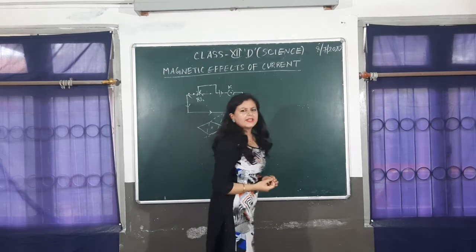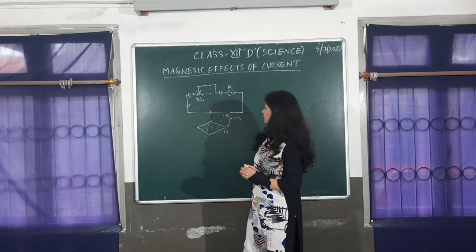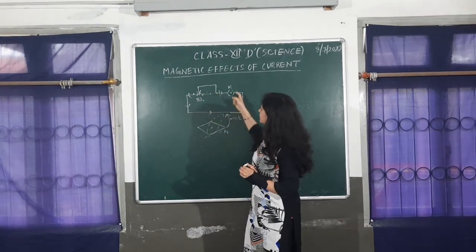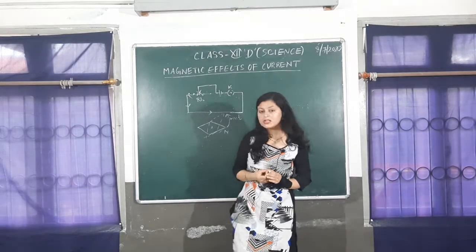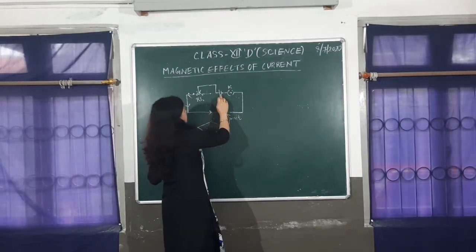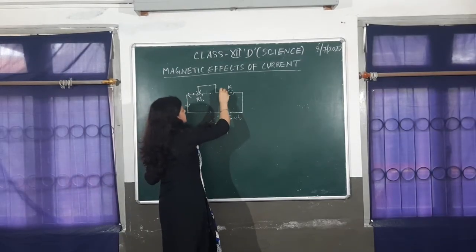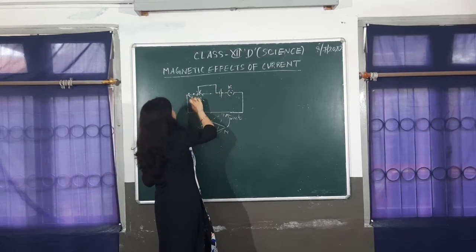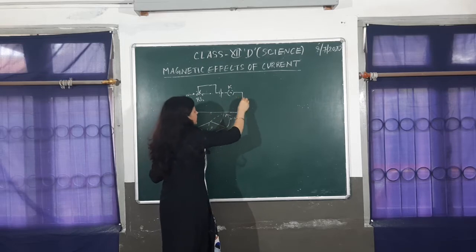Now to see if there is any change in the direction or the nature of the magnetic field because of a change in the direction of current, he just changed the terminals of the battery. If he did this, what happened? The direction of current was reversed.